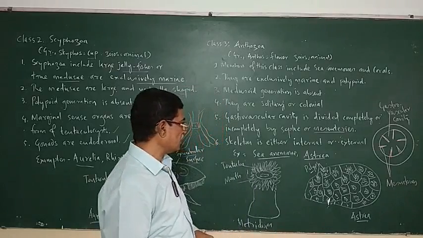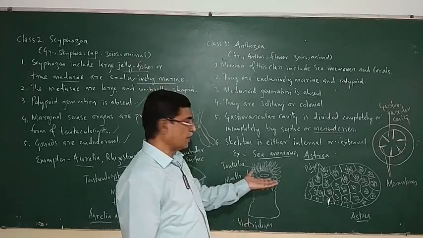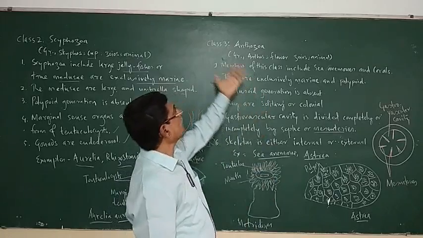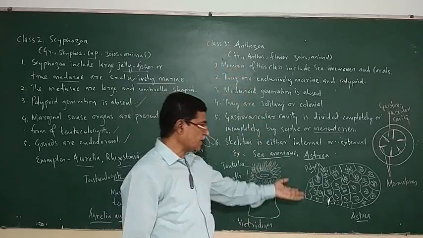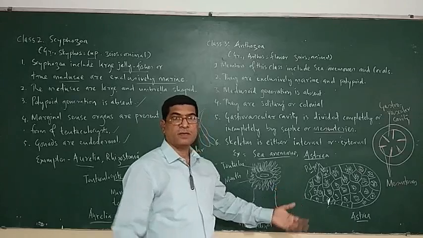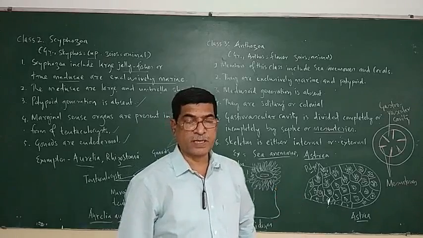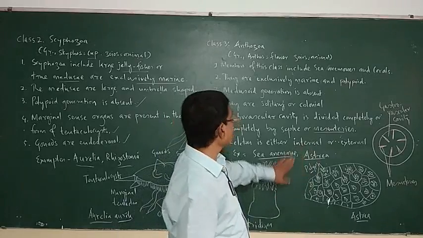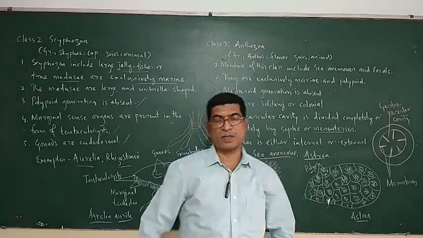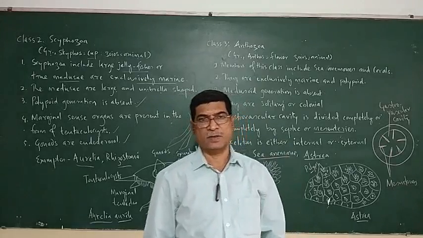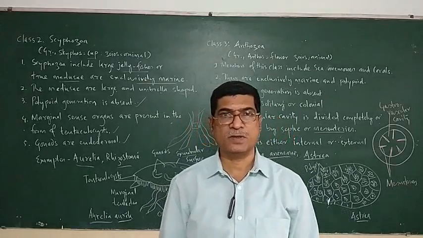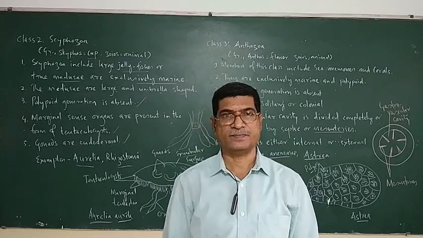So sea anemone and corals come under class Anthozoa. Brain coral is there, fungus coral is there. So different types of coral. All corals come under class Anthozoa. With this we have completed the classification of phylum Coelenterata. Thank you.